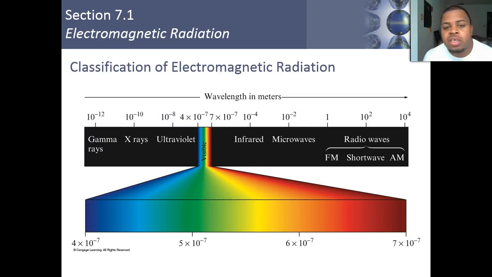Now, this all fits into what we would normally call electromagnetic radiation. Even the light that we see is a very small section, but it's all energy traveling through space.